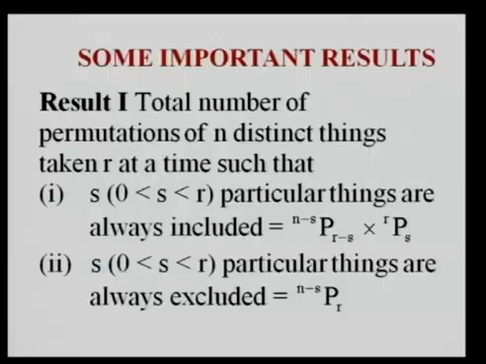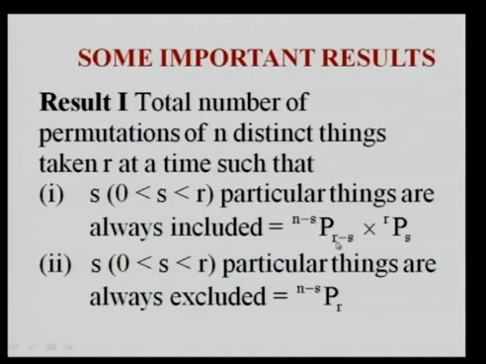And the last result of today's session: suppose the total number of permutations of n distinct things taken r at a time, and if s particular things are always included, it means s things have already been included, so the remaining r minus s, because we want to select r things but s things have already been selected.